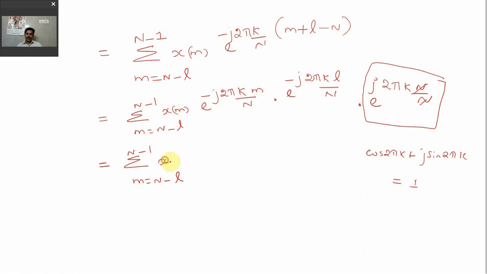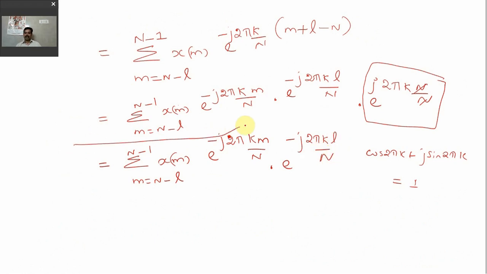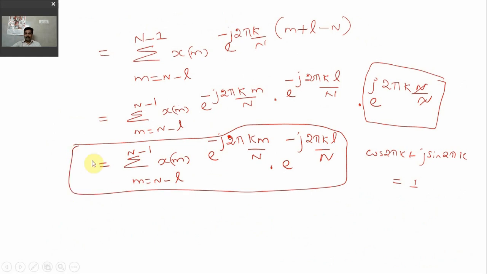So x of m into e to the power minus j 2 pi k m by n into e to the power minus j 2 pi k L divided by n. So this is the first part. Okay, this is the first part, and now we are considering the second part.